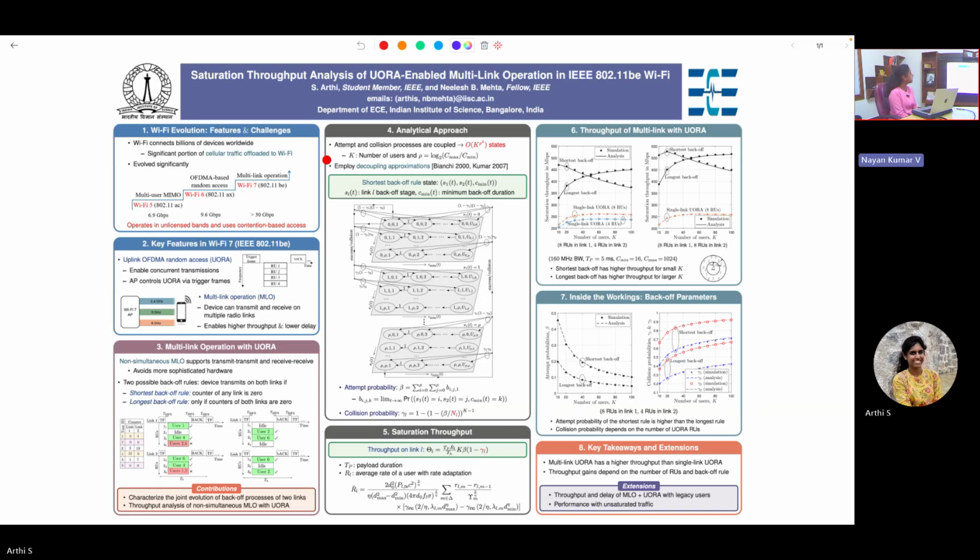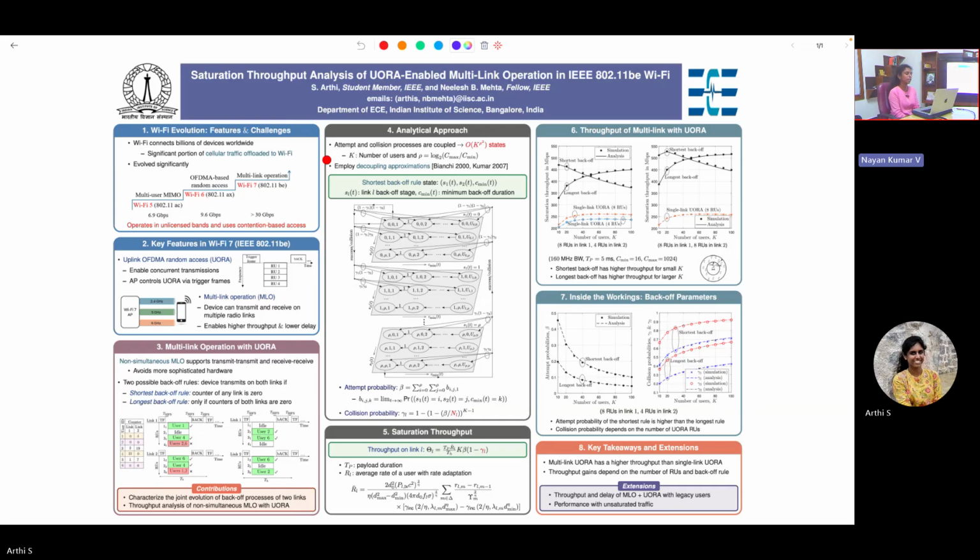As we have seen already, the attempt and collision processes of the users are coupled because of two reasons. One is the attempt processes are coupled because of the multi-link backup rules that we saw, shortest and longest backup rules. And after every collision, each collided user doubles its contention window.